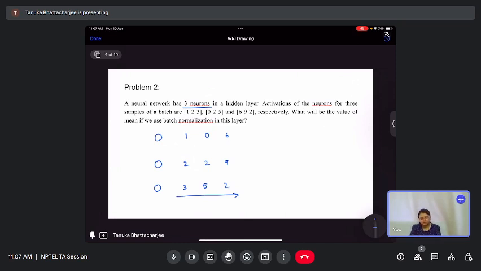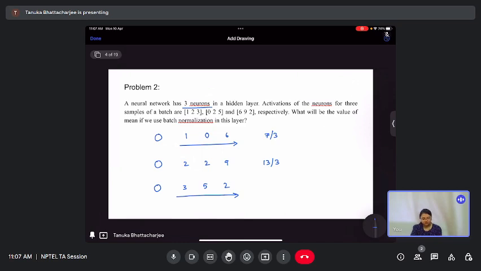So we will take the mean across all the 3 samples. For the first neuron, the 3 activation values are 1, 0, 6. We take the mean of these 3, which will be 6 plus 1, 7 by 3. For the second one, we have 9, 10, 11, 12, 13, so 13 by 3.